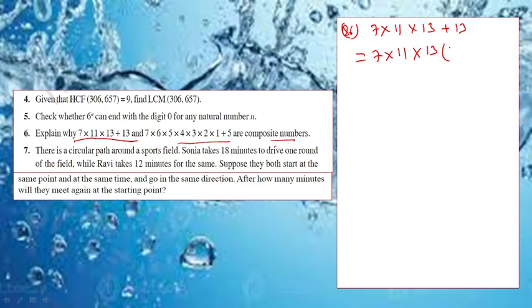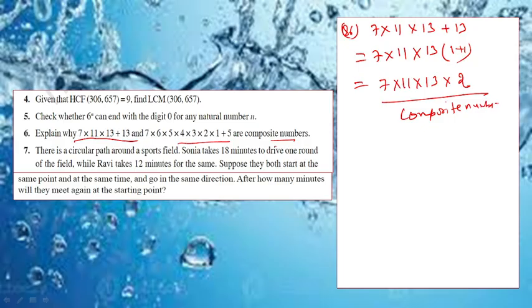Okay, so we can take 1 plus 1 here. So this will be giving us 7 into 11 into 13 into 2. Now this is expressed with all prime numbers, that's why it will be a composite number.